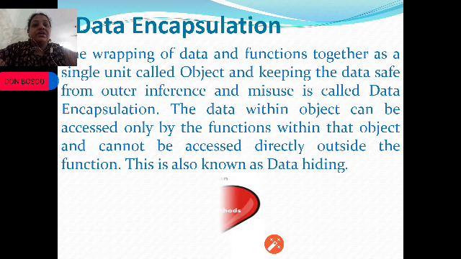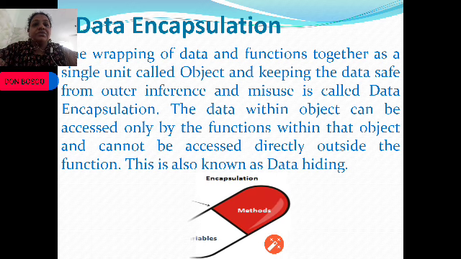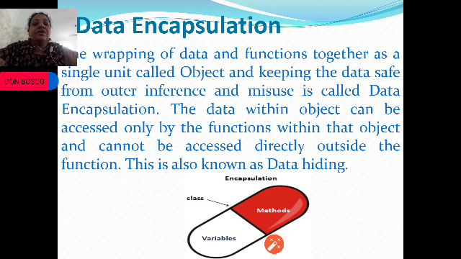So what is data encapsulation? As I told you earlier, we have a class. A class has a variable and a method. Method is nothing but the function. Function is also called the data. As we have been discussing, the data is closely bound with the functions which operate on that data, called an object.